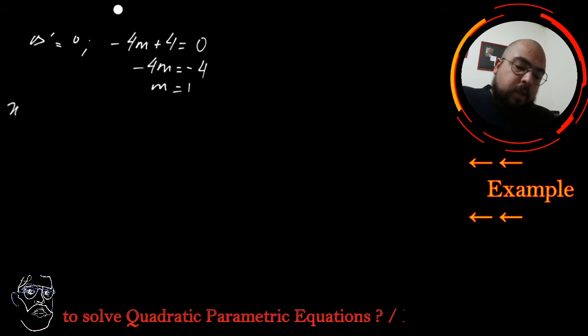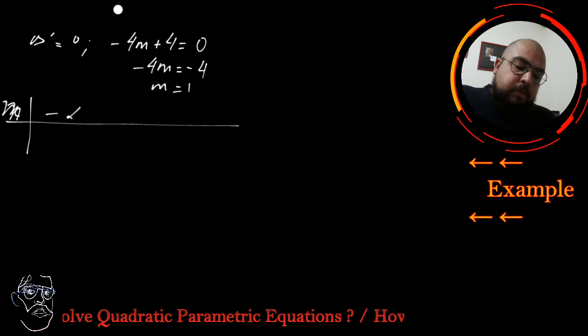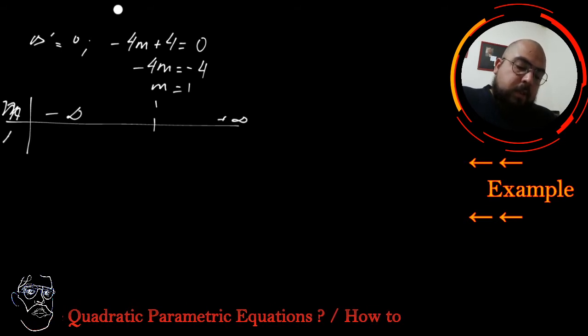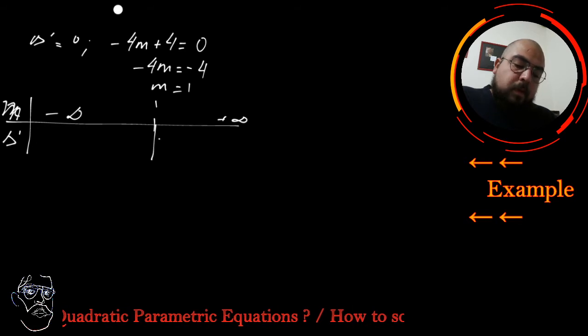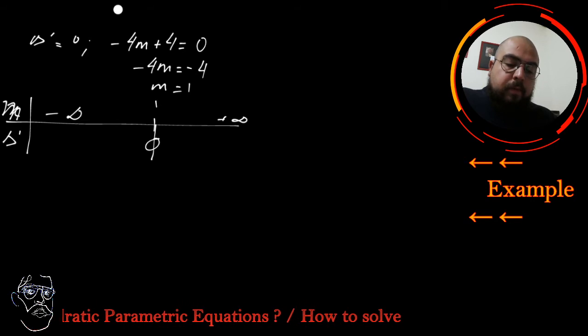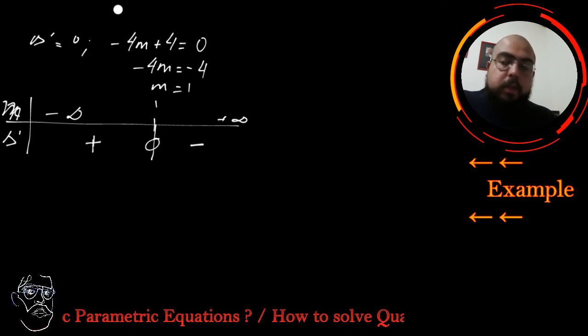And I will have to do the table of sign. So m going from minus infinity to plus infinity, passing through the value of 1. Delta prime is equal to 0 for m equal to 1. And then you have, in this case, negative, and here you have positive. All right.